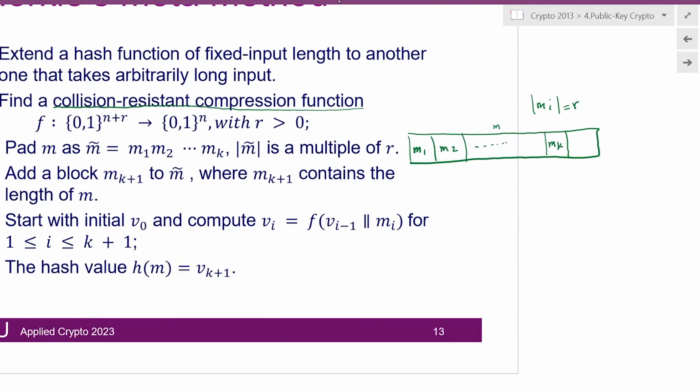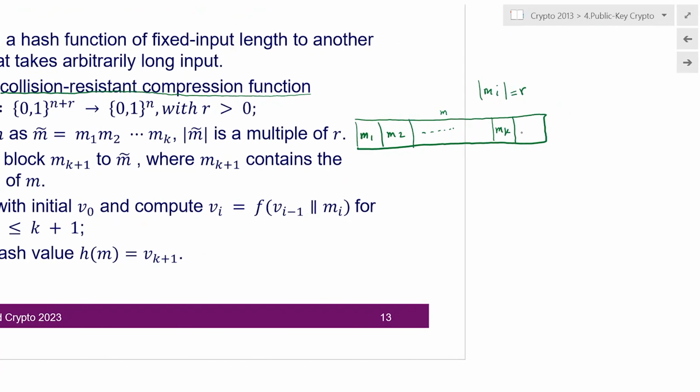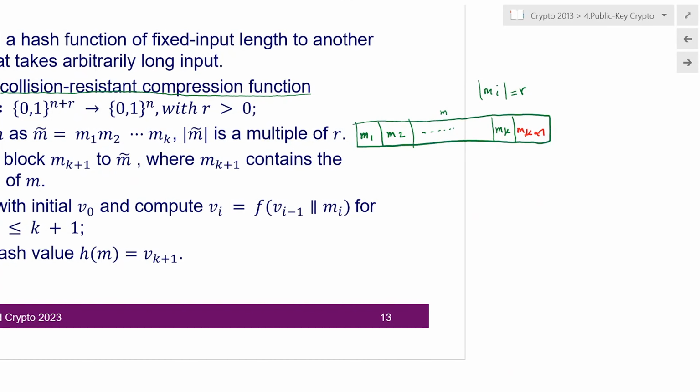And then there is a new piece that we add to the end of this, that we call Mk+1. So what is that Mk+1? Mk+1 is a new r-bit block that we add at the end, that holds the length of the message itself.